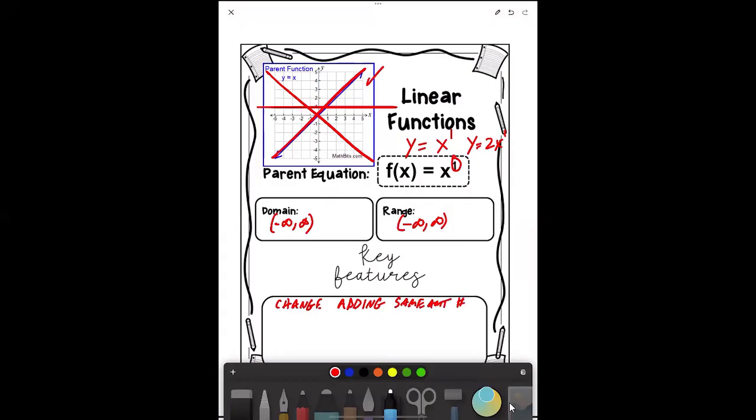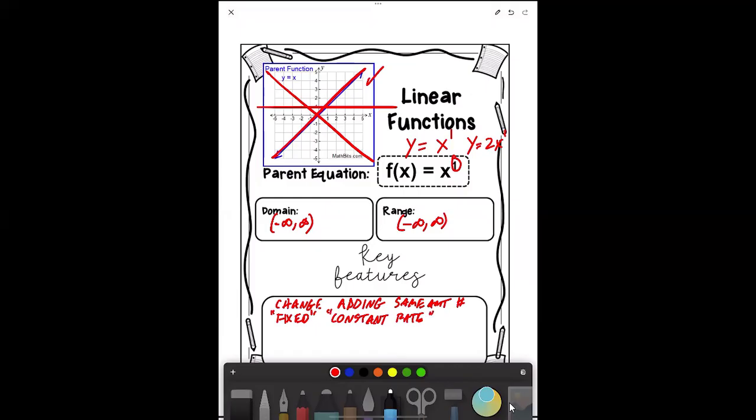So here are some key words that will indicate that you're dealing with a linear function. When it says fixed, fixed rate of change, constant rate of change, any of these words, as soon as you hear them, you should say, oh, this is a linear function.